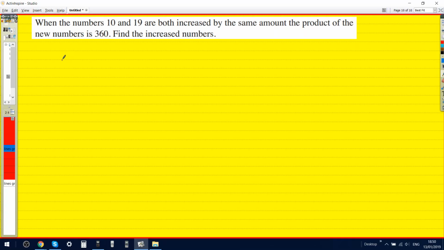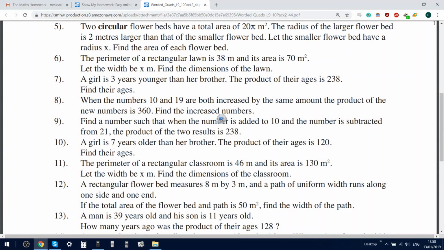How would you create an equation for this? 10 plus x in brackets multiplied by 19 plus x gives us 360. Well done. Would you be okay for that one? Yeah, I think so.